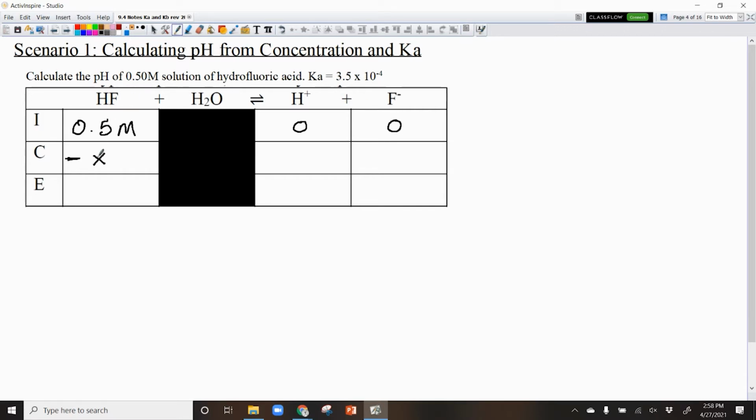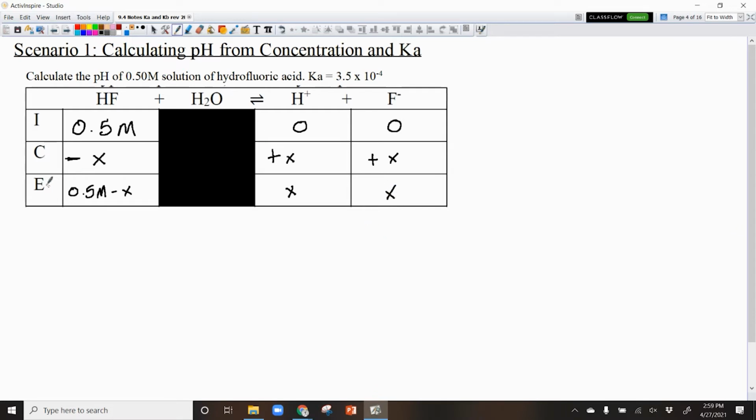So if this goes down by X, this is going to go up by X, and this will go up by X because it's all 1 to 1 to 1. And then the E, the equilibrium, what we do is we just combine the initial and the change. So here we have 0.5 molar minus X. 0 plus X is X, and 0 plus X is X.